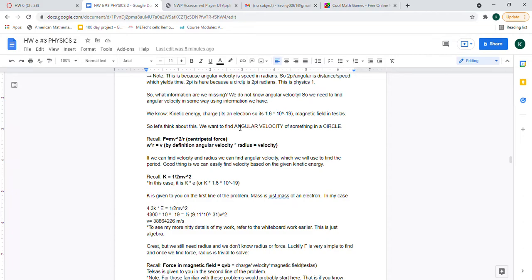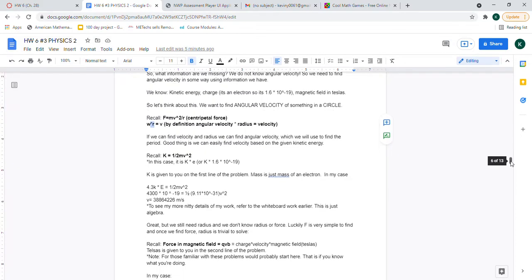This should scream out to you the formula for centripetal force, which is force equals mv squared divided by r. You should know this. And, well, we want angular velocity, but luckily for us, angular velocity and velocity are related directly by r. So we can find velocity very easily, and then we can find r, and then we will know angular velocity, because force, as you'll find out, will be very easy to solve.